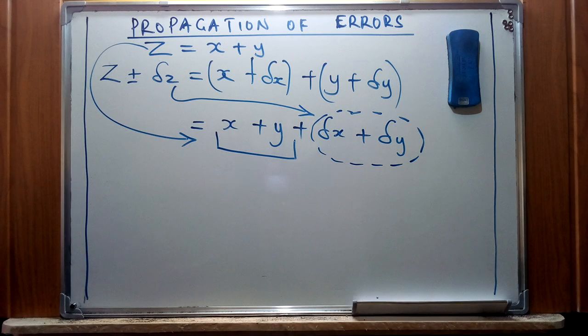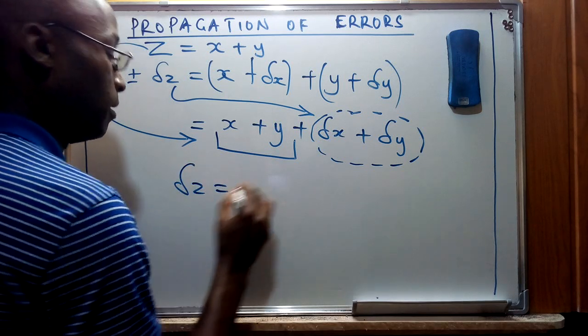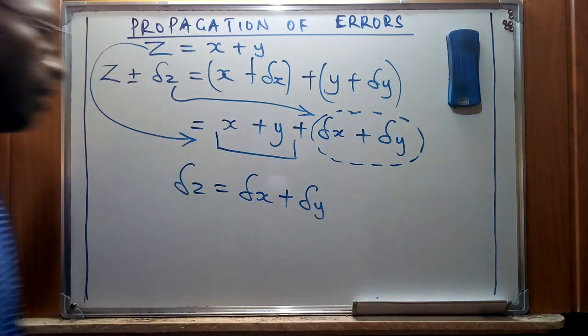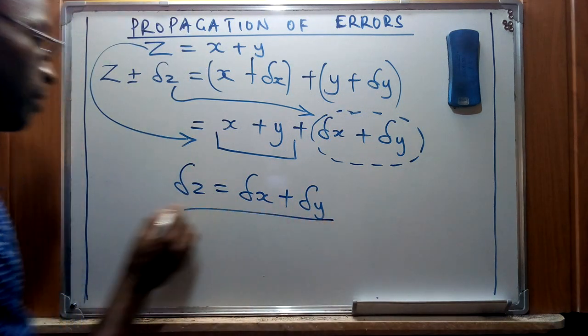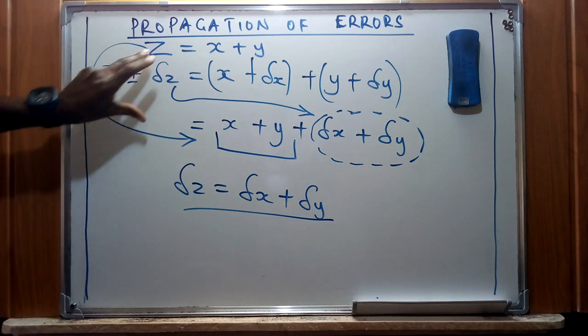Therefore, we can conclude that delta z can be written as the sum of delta x and delta y. This gives us the first indication of how we can perform addition using the concept of errors.